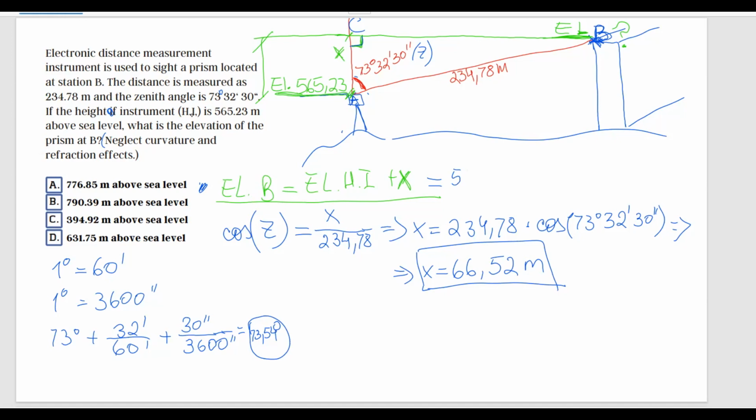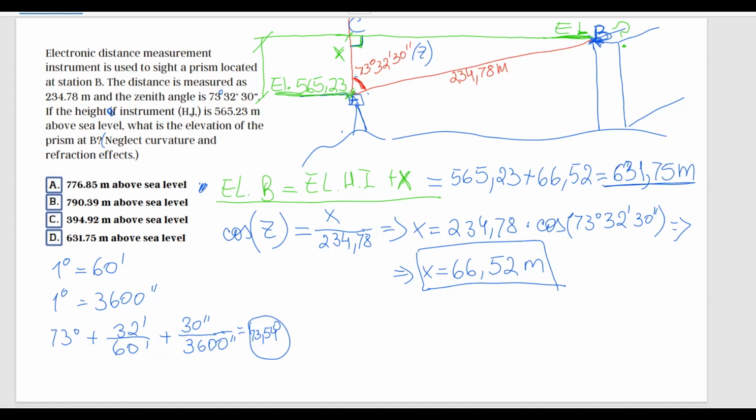So we have 565.23, which is the elevation at height of instrument, plus x, which is 66.52. Now let's add 565.23 plus 66.52, and I get a value of 631.75 meters.